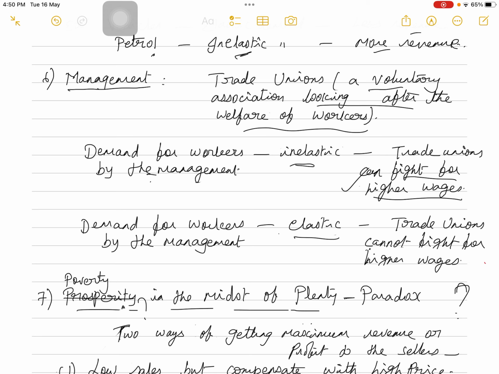So in that case, even if the trade unions fight for higher wages, they will not be successful. To put it very simply, if the demand for workers by the management is elastic, the trade unions' fight for higher wages will not be successful. On the other hand, if the demand for workers is inelastic, the trade unions can fight for higher wages and they will be successful.